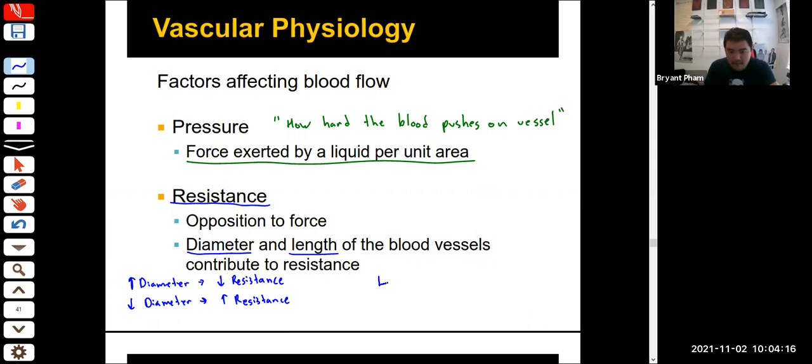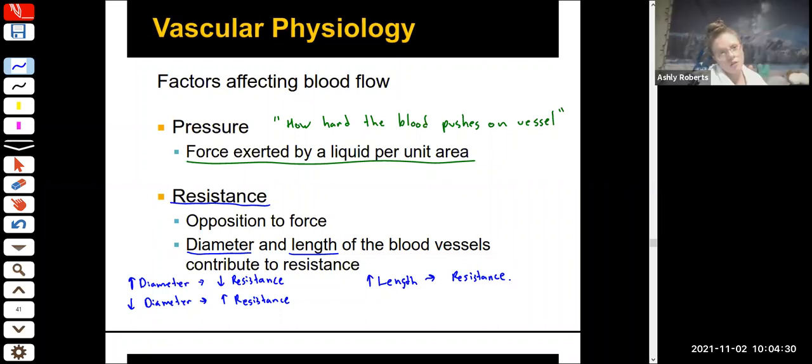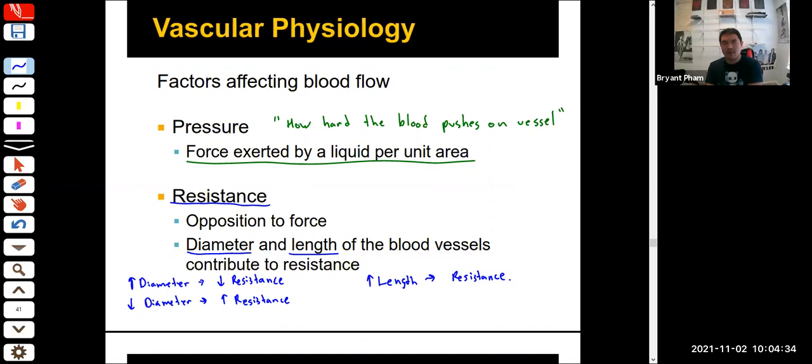Length. What do you guys think about length? If I increase length, does that increase or decrease resistance? Decreases it. You guys ever remember crazy straws? Crazy straws, where your straw was so long, it could be like a pair of glasses.